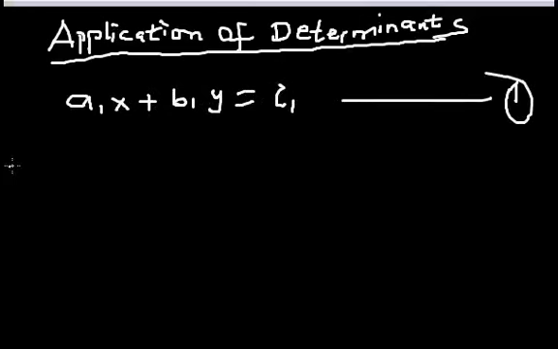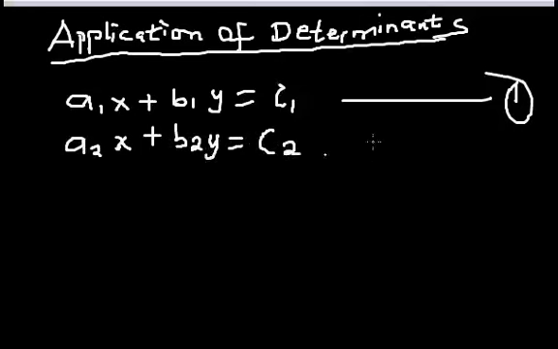Then you have another equation, a2x, that's for my equation 2, plus b2y, equal to c2. Of course, you must have worked on this before.